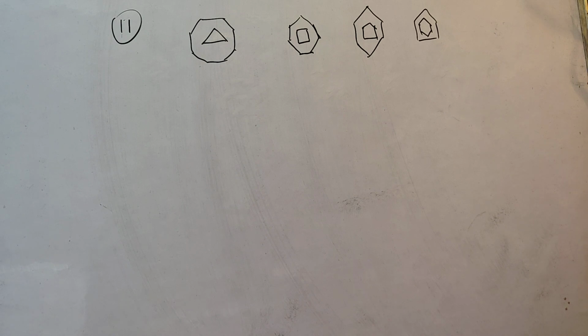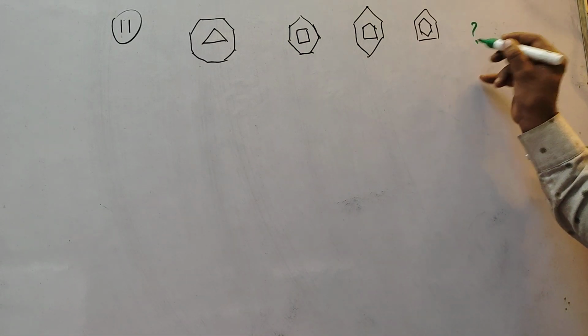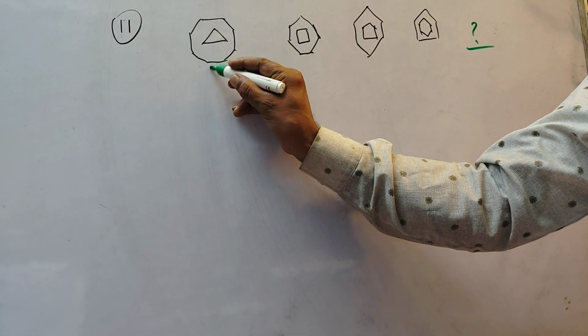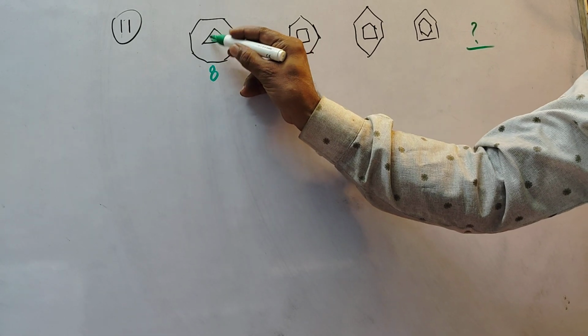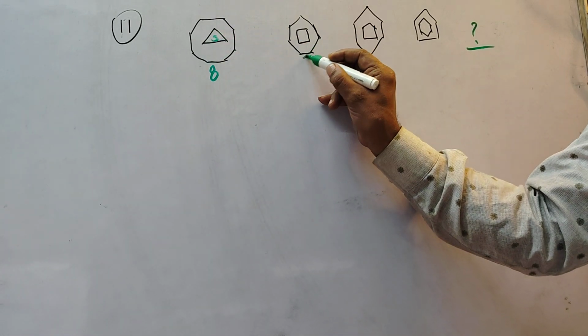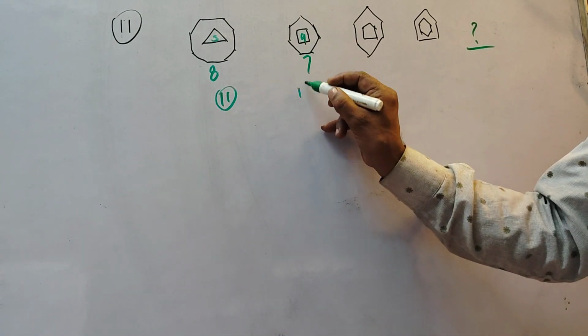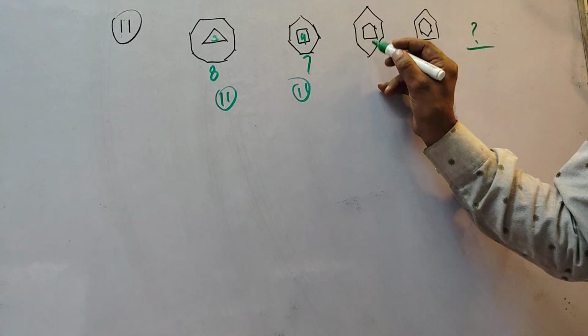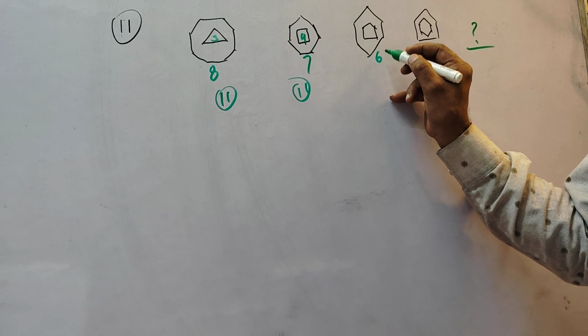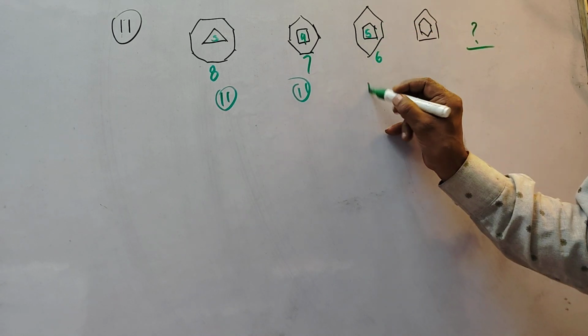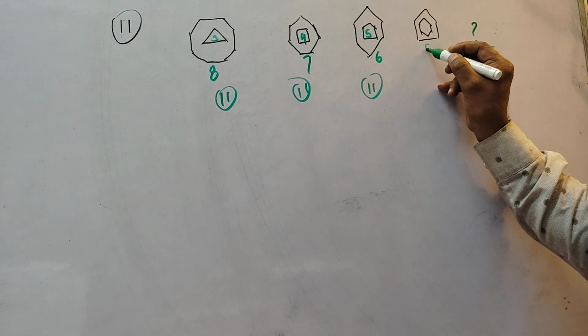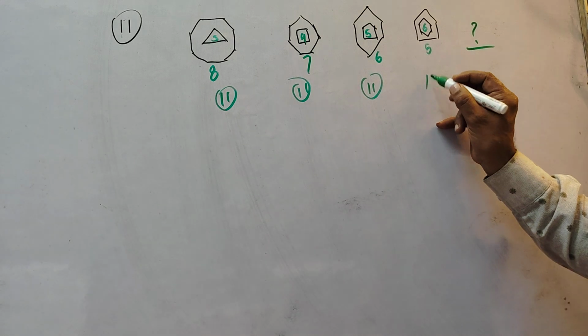So you write A option, that is correct. This time your answer is correct. So what comes here? Here is 8 sides, here is 3 sides, sum is 11. Here is 7 sides, inside 4, sum is 11. Here is 6 sides, inside there is 5 sides, sum is 11. And here is 5 sides, inside is 6, so sum is 11.